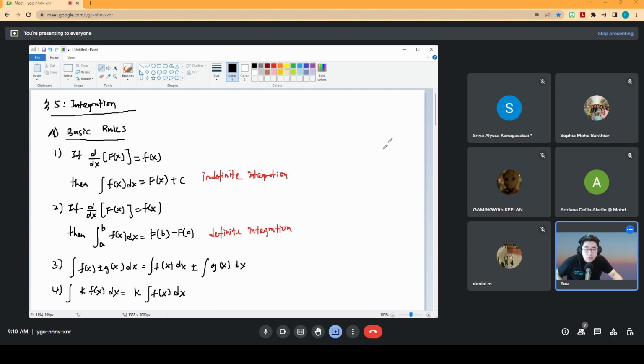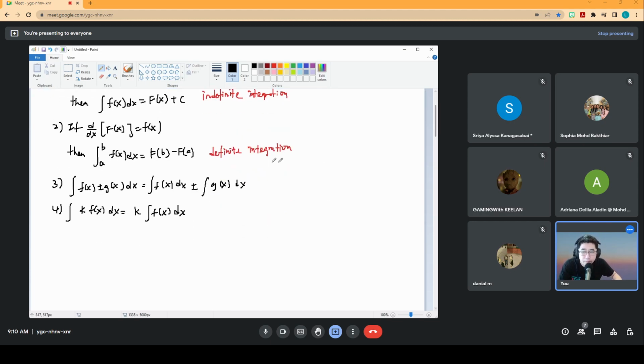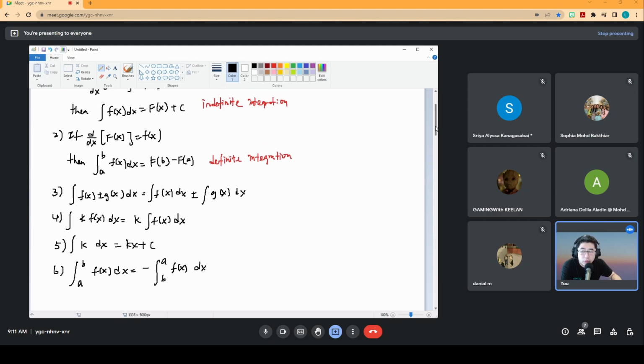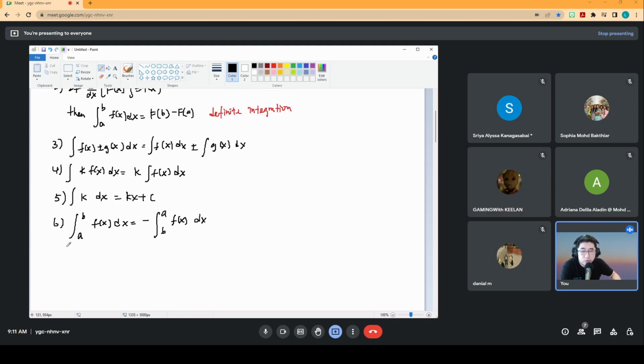Then number 5, if you have a constant k, the integral is kx plus c. Number 6, the integral from a to b of f(x) dx can be written as negative of the integral from b to a of f(x) dx. That means the limits a and b can change position. So you have the first 6 basic rules here.